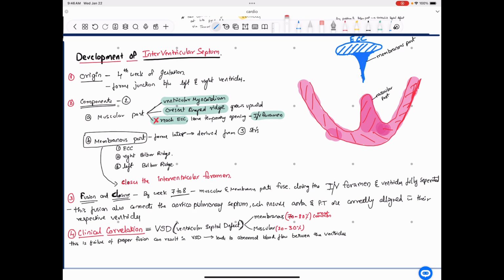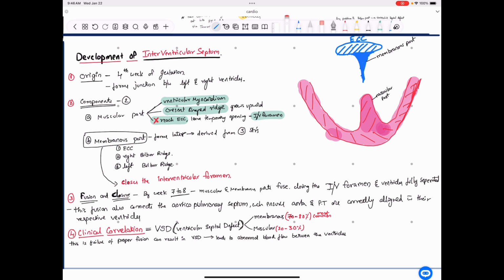The fusion process is coordinated with the formation of the aorticopulmonary septum, ensuring proper alignment of the ventricles with their respective outflow tracts, the aorta and pulmonary trunk. The clinical correlation of this is ventricular septal defect.